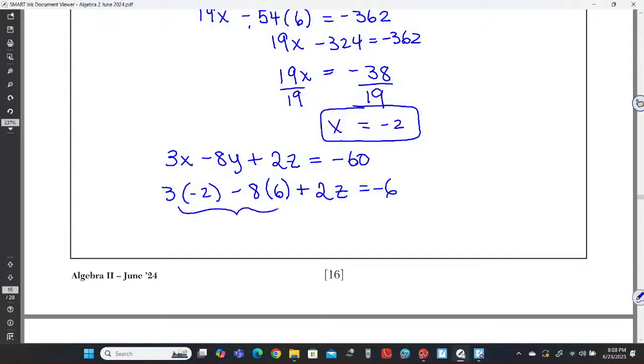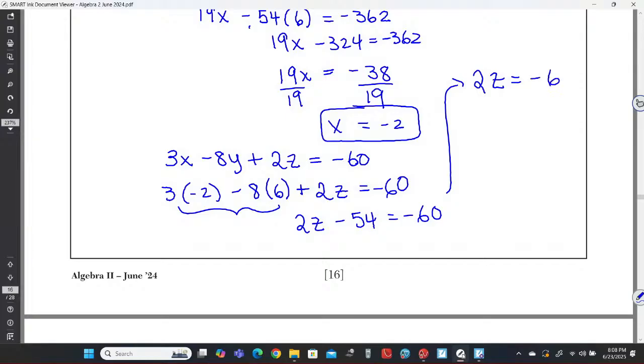Combine all of this and I'll get negative 54, negative 6. Negative 60. Oh, you're right, yes. Oh, that's negative 60, thank you, negative 60. Thank you, Joey, my producer. Negative 2z is equal to negative 6, and z is equal to negative 3.